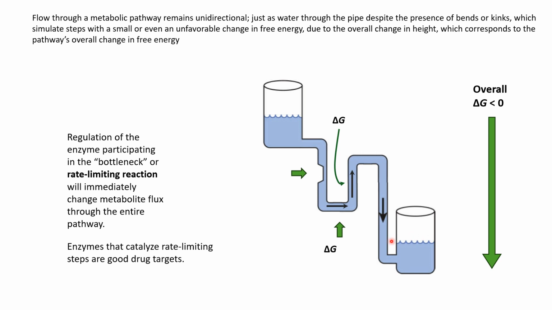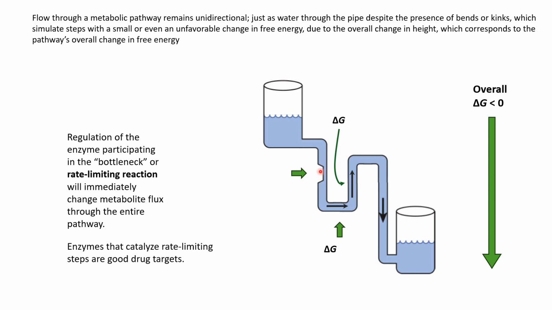However, when we look at various points along the pathway, then we can notice some interesting features. First of all, here is what we can call a bottleneck. It's a rate limiting reaction, or a rate limiting step. In the case of our water analogy, water is going to flow through here, but it's going to flow through slowly.